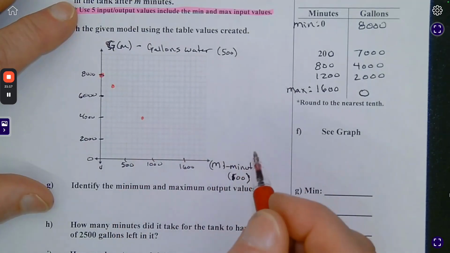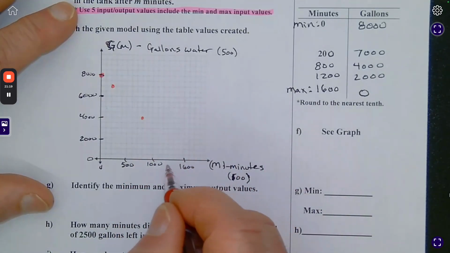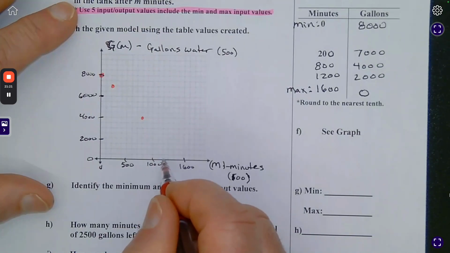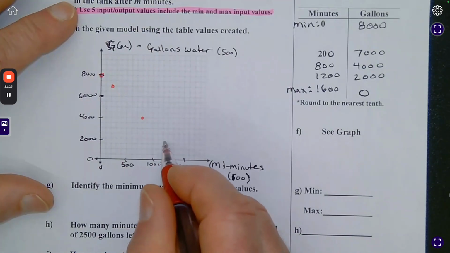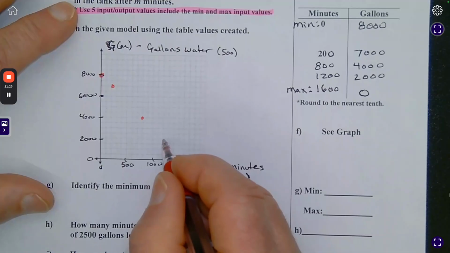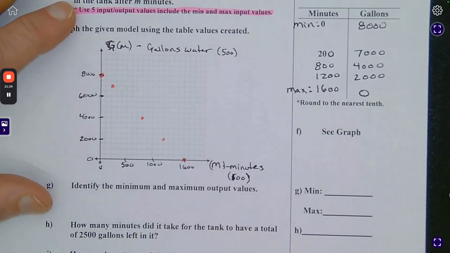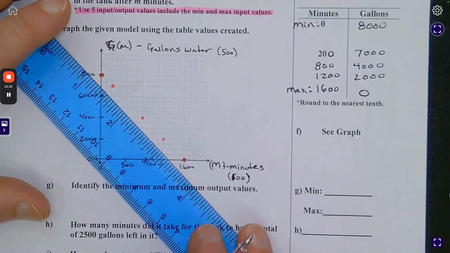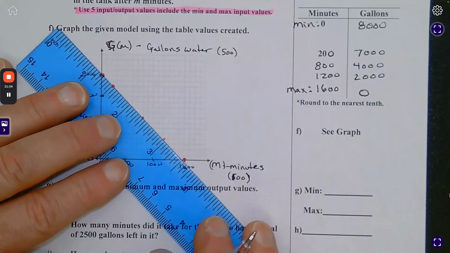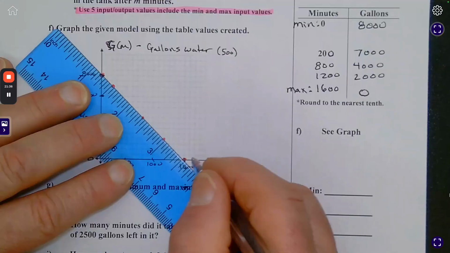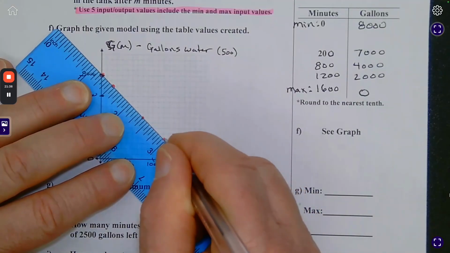This should all line up nicely. 1,200 and 2. And then the last one is going to be when the tank is empty, and that's 16. Look at how those line up nicely, right? That's sweet. Oh, look at that. That's beautiful. That's the way it should be.